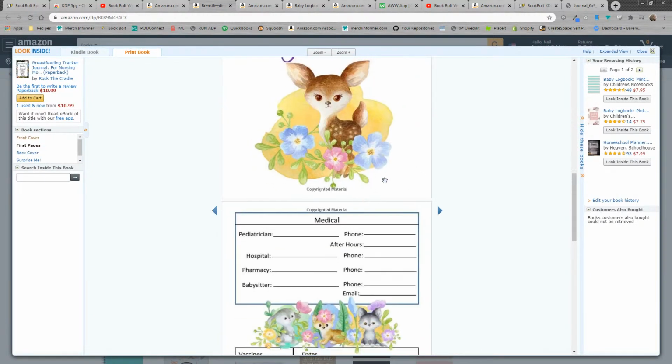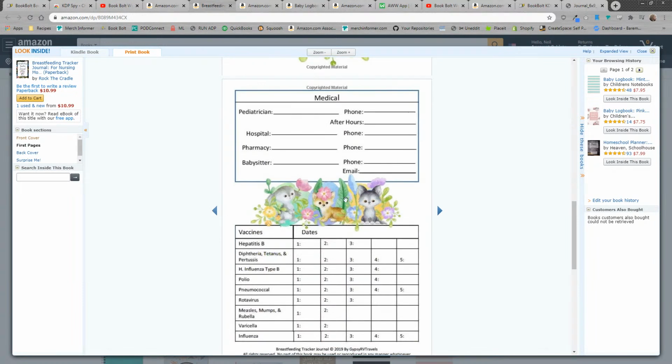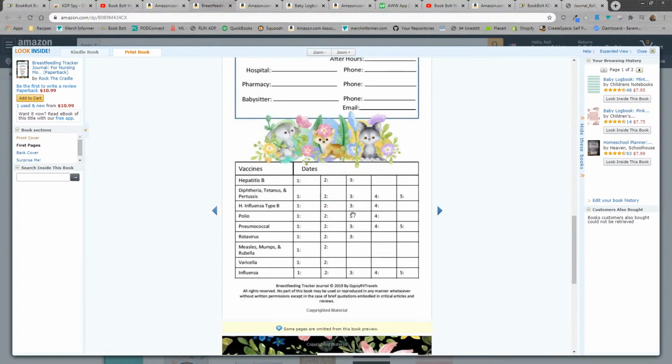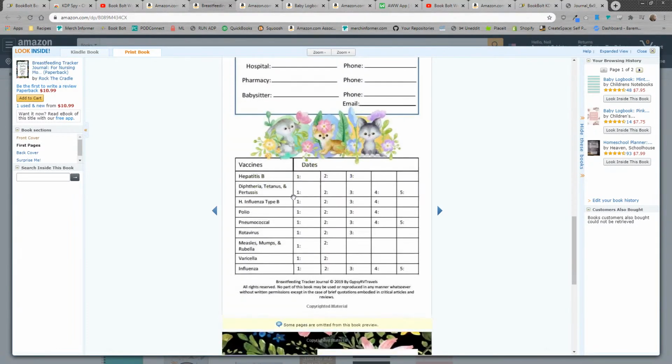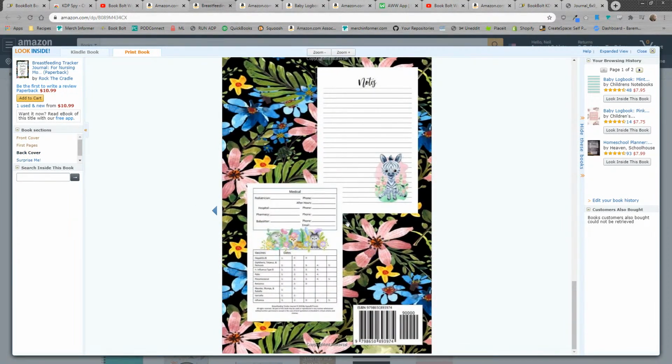So you could do something like this, but I wouldn't do color if you want to make a good royalty on your book. But this is a good low content interior. It's got some medical information, vaccines. This is the back of the book, so they show you a little bit what's inside, a notes page. Notice how their notes page is just lines, but they spruce it up a little bit with some artwork. That's what you guys want to be doing here.